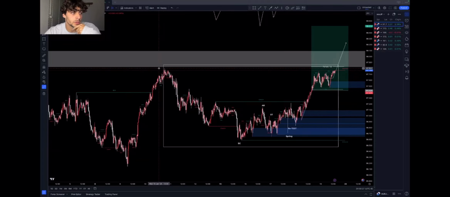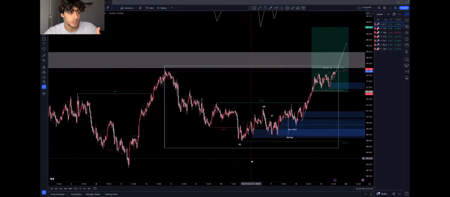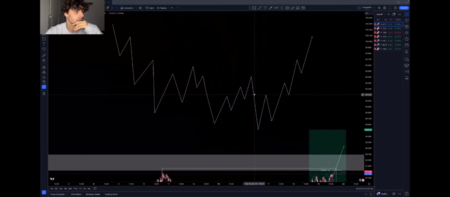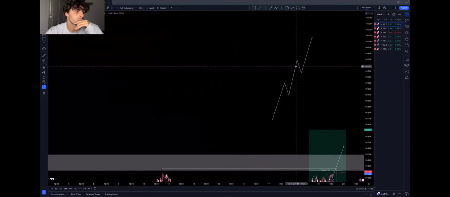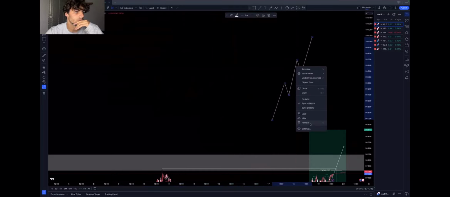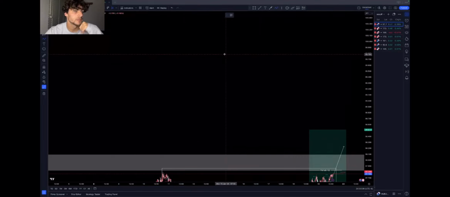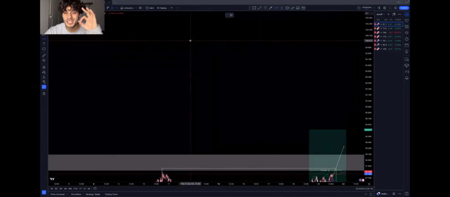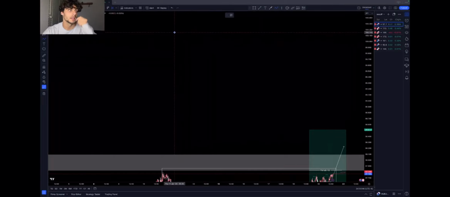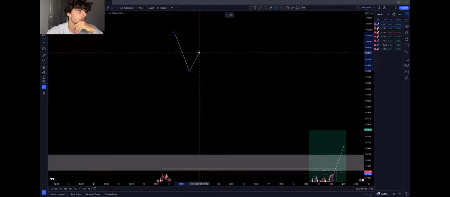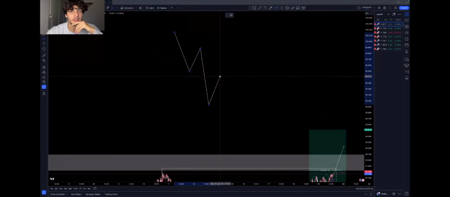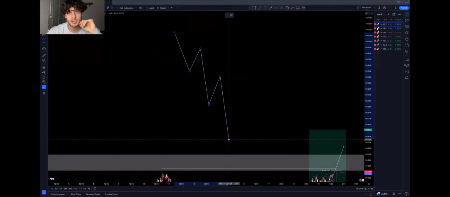basically saw that we were in the Wyckoff structure. Here, let me delete this. So what I see plays out and works the best, for me personally, is if you're in a bullish market, let's say, and we get this selling climax, right?